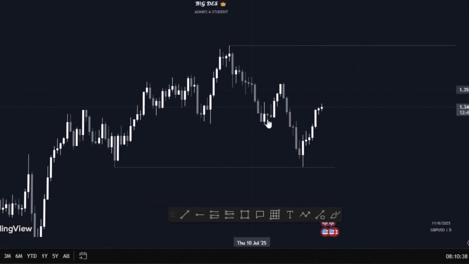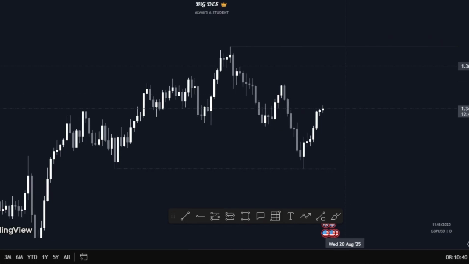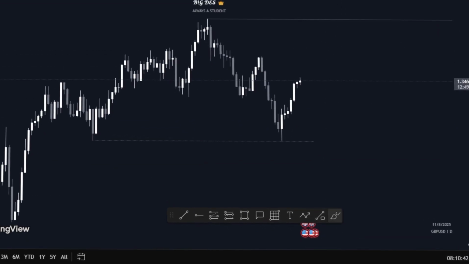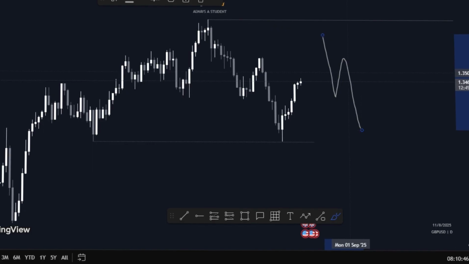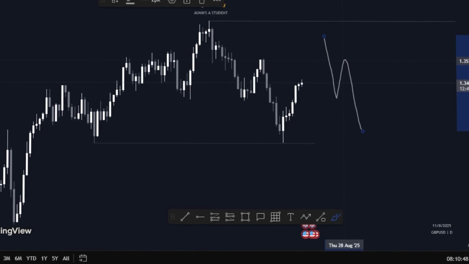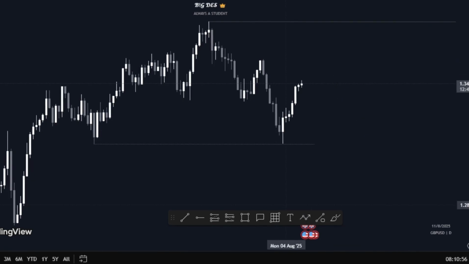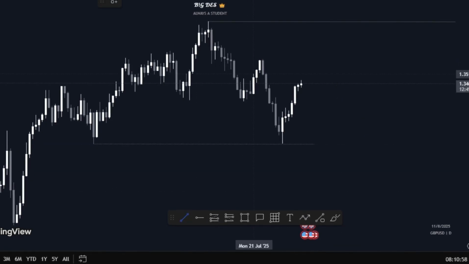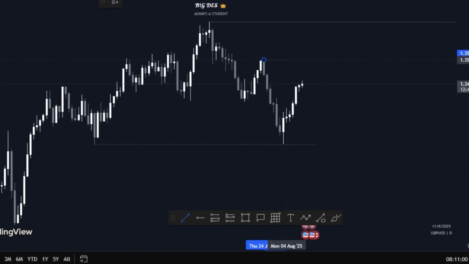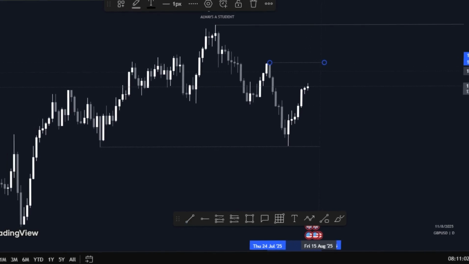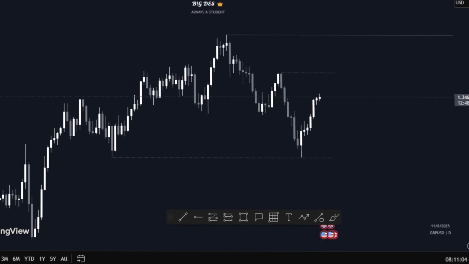And these two legs that have been formed here, since price didn't take any liquidity from here, we expect this lower high to be a target.